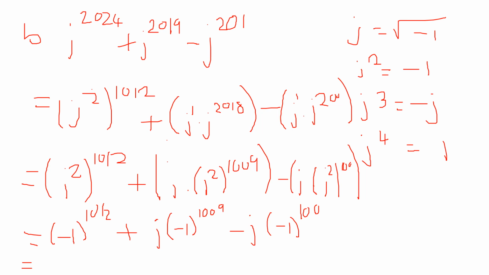So I will have 1 here, and here, because the exponent is odd, it will be negative 1. That means here we will have negative j. Now the same applies here. Because it's even, it's going to be 1, so the answer is just going to be negative j. So our final answer will be 1 minus 2j.